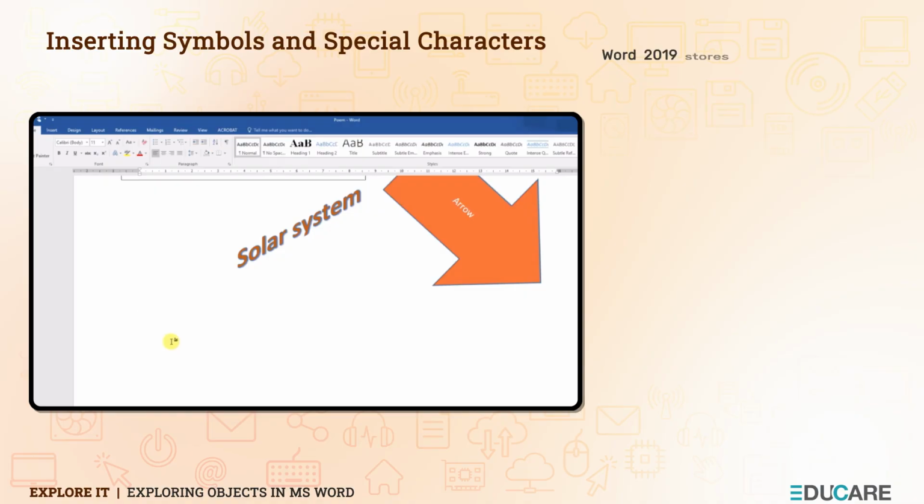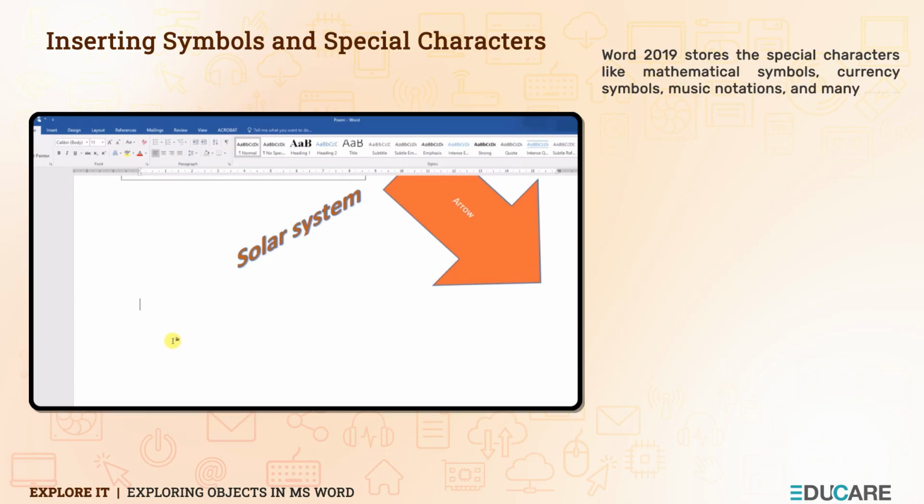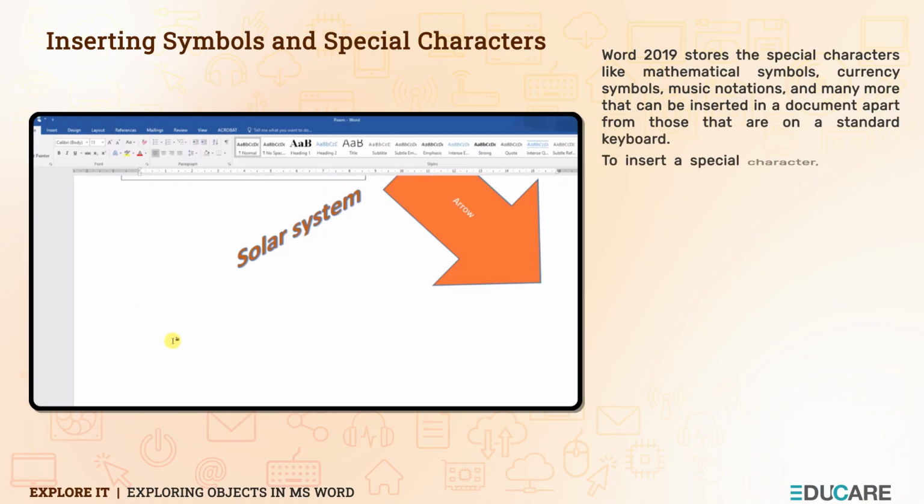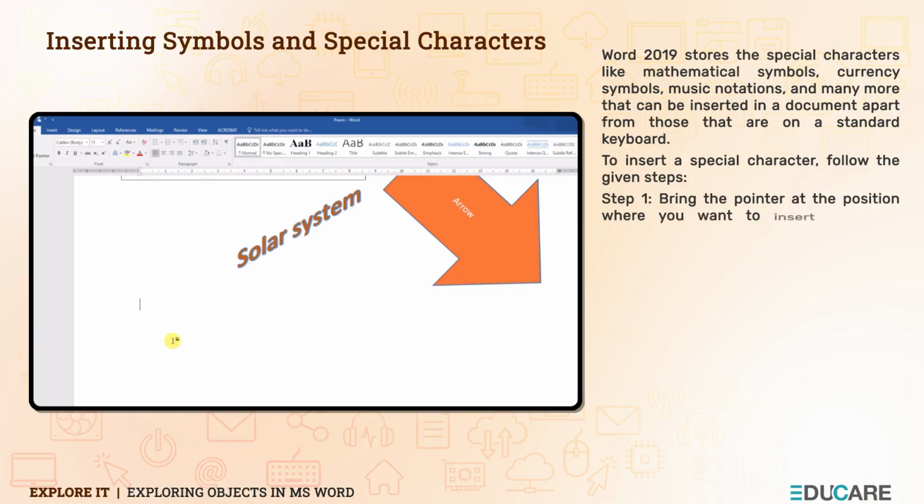Inserting symbols and special characters. Word 2019 stores special characters like mathematical symbols, currency symbols, music notations, and many more that can be inserted in a document apart from those that are on a standard keyboard. To insert a special character, follow the given steps. Step 1. Bring the pointer at the position where you want to insert a special character or symbol. Step 2.